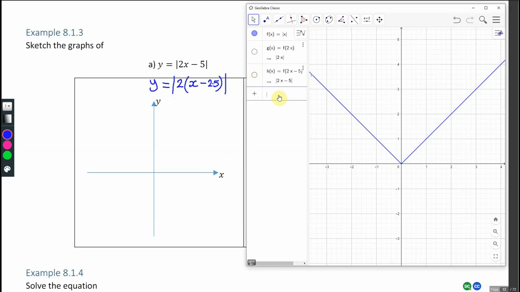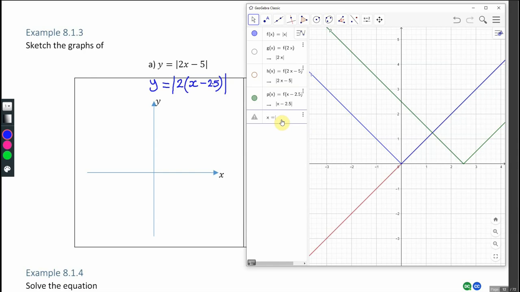If I do the translation first, so the modulus of x take 2.5, as you can see, that has moved to the right by 2.5. If I now introduce the 2, this is going to squash it not towards the y-axis, but towards the line x equals 2.5.